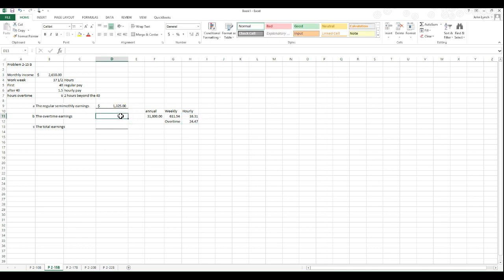For the overtime earnings, and again the round function, she has 4 hours at her regular pay, so it's 4 times the $16.31 plus 2 hours times the $24.47, carried to 2 decimal places. The 114.18 will be her overtime pay, and then add these two together to get 1439.18, which is her total earnings.